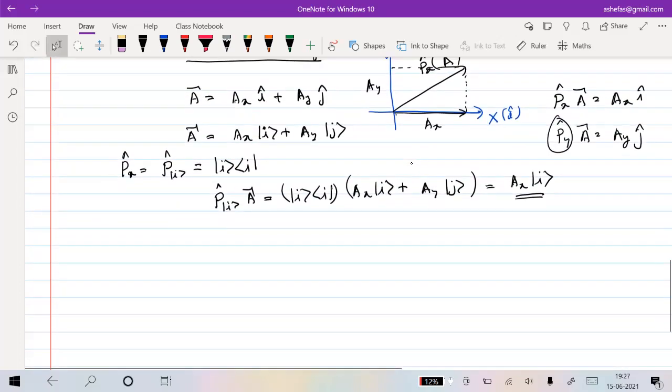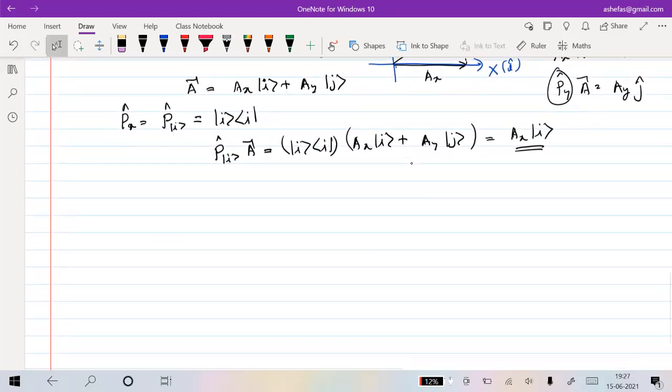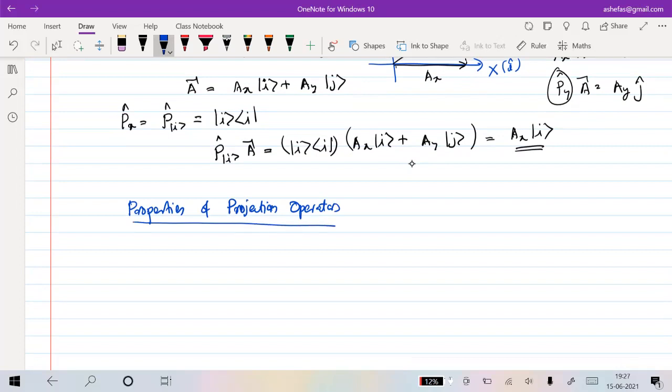Next, we have to discuss the properties of projection operators. There are many properties, so we can list them one by one.